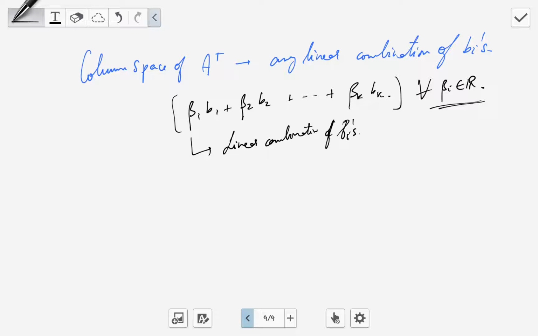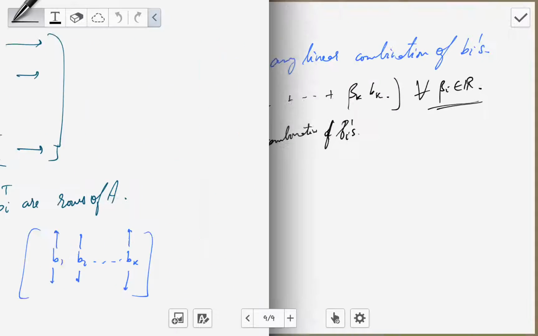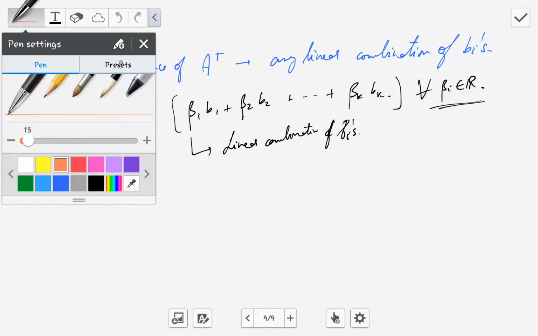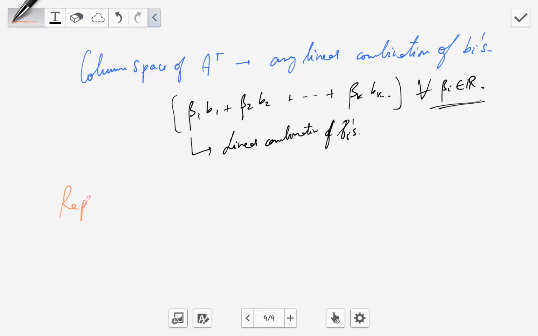Now if I want to represent in notation the column space of A, how do I write it?